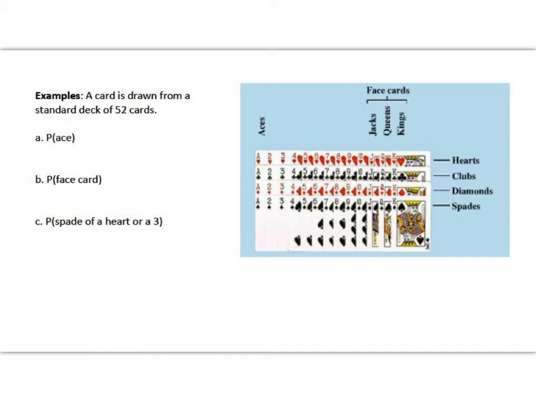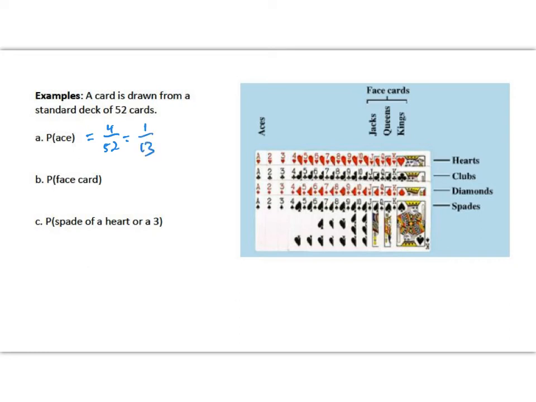All right, so what's the probability of getting an ace if you draw a card at random? Well, there's 4 aces in the deck out of the 52 cards that there are available. So that's going to reduce all the way down to 1 over 13.